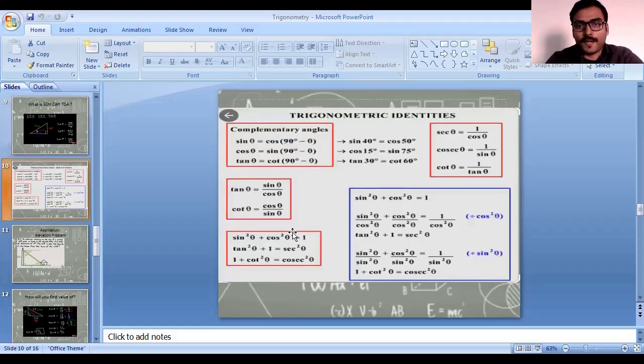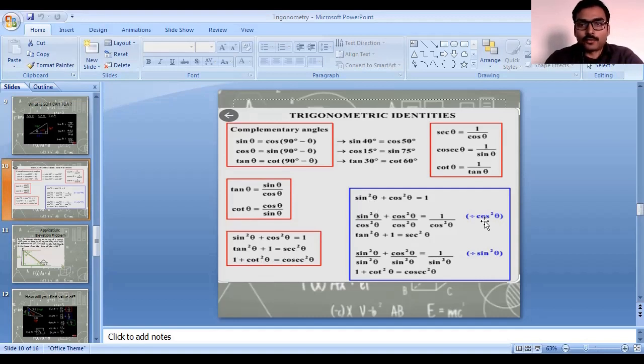So there are few identities in trigonometry. We'll start with sine square theta plus cos square theta equal to 1. And the same will be derived like tan square theta plus 1 equal to sec square theta, and 1 plus cot square theta equal to cosec square theta. The derivation is given over here.